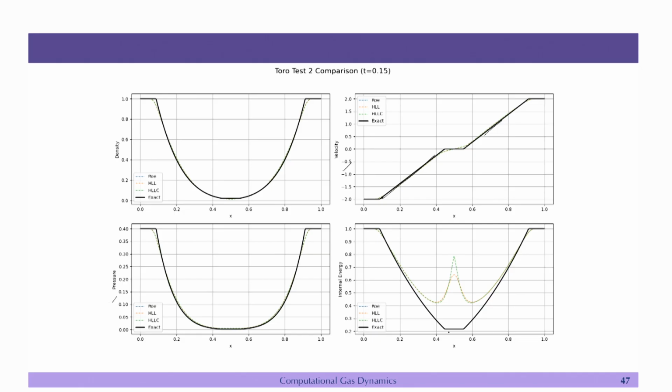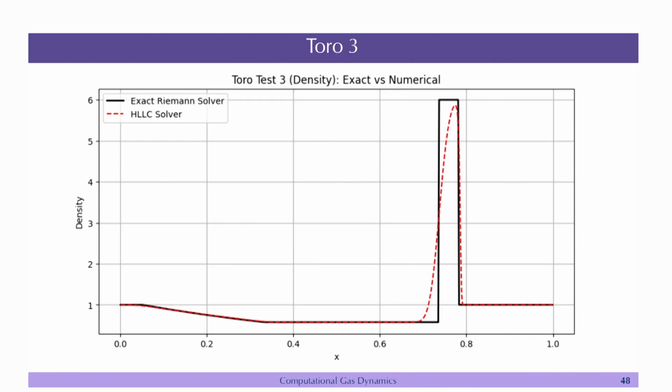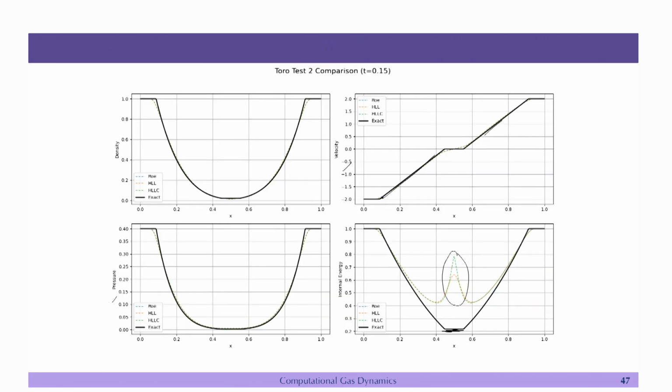Near this region where there is a contact discontinuity, there is some mismatch with the solver here, okay, compared to what you get from the exact Riemann solution. So, whatever the black lines that you see, these are coming from exact Riemann solution by solving using the Newton option.